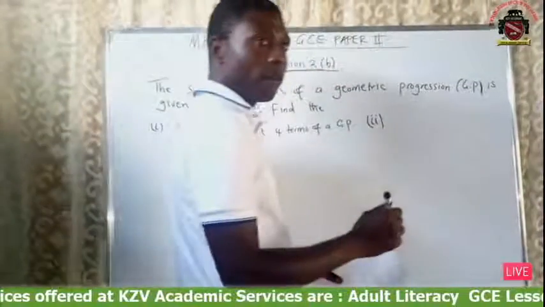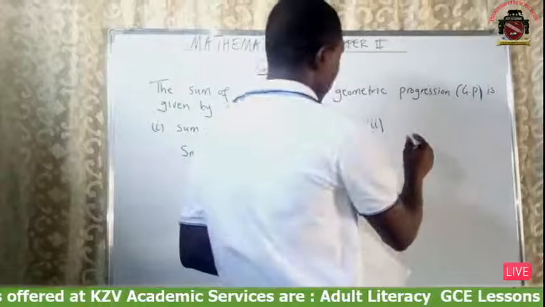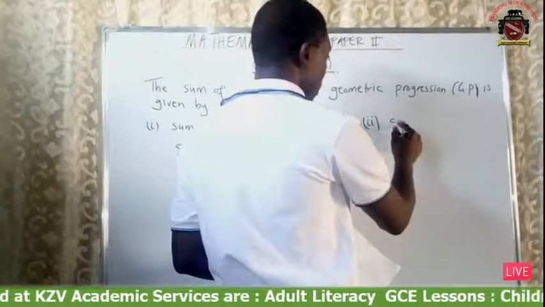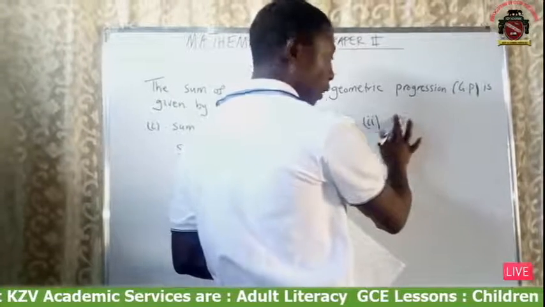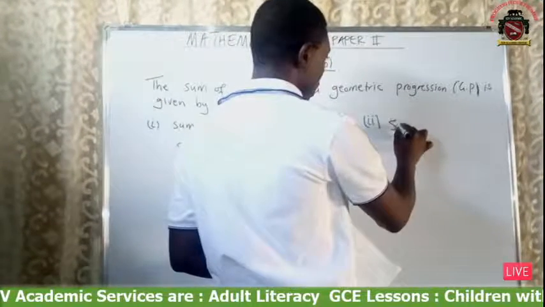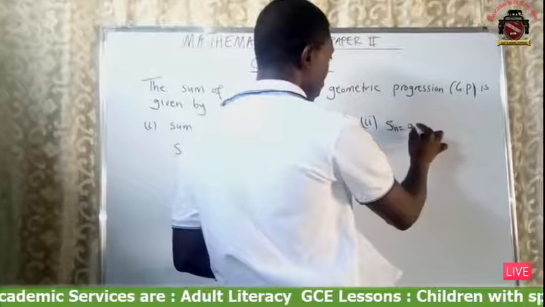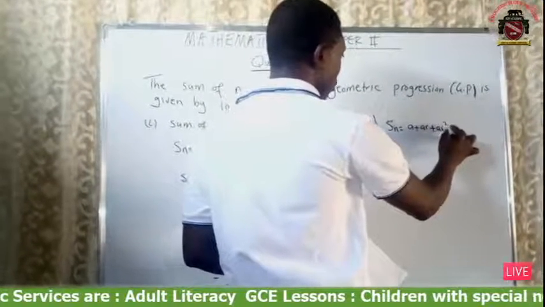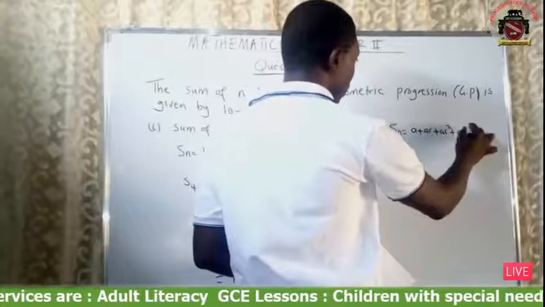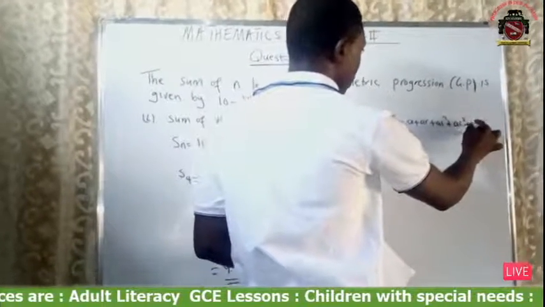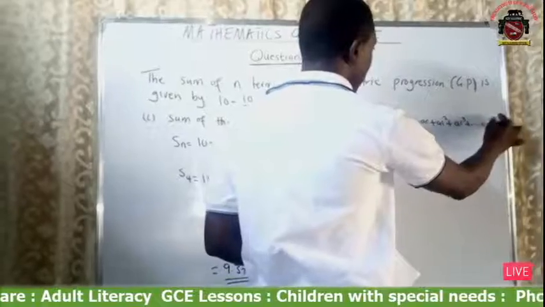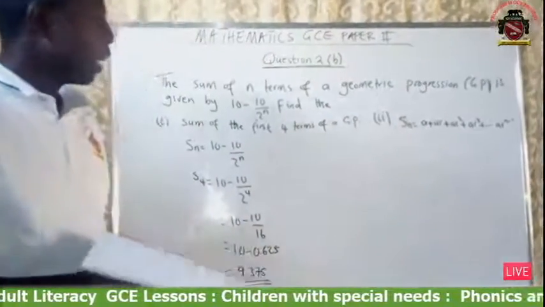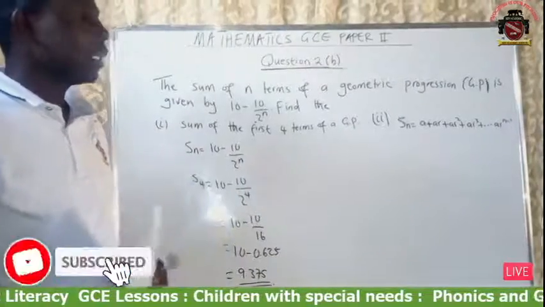Now the first term can be found because we know that the sum of n terms of a GP is given by a plus ar plus ar to the power 2 plus ar to the power 3, up to ar to the power n minus 1. Are you following?